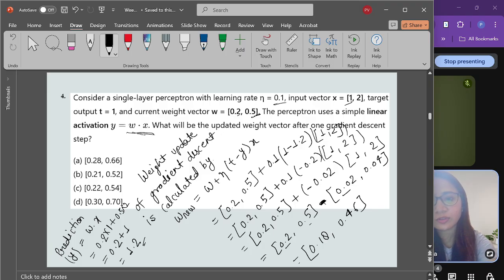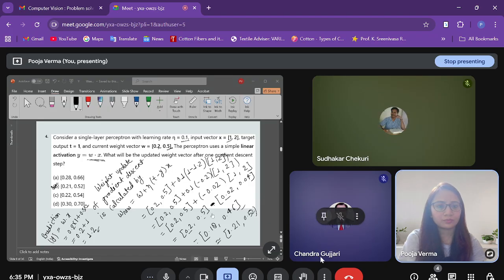Now if you see the options, no option is matching, but you have to choose the nearest one, approximately 0.21 and 0.52. So option B is the correct answer for this question.